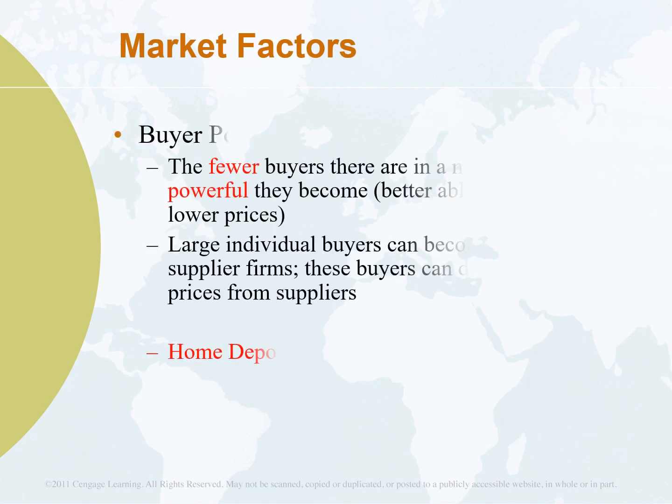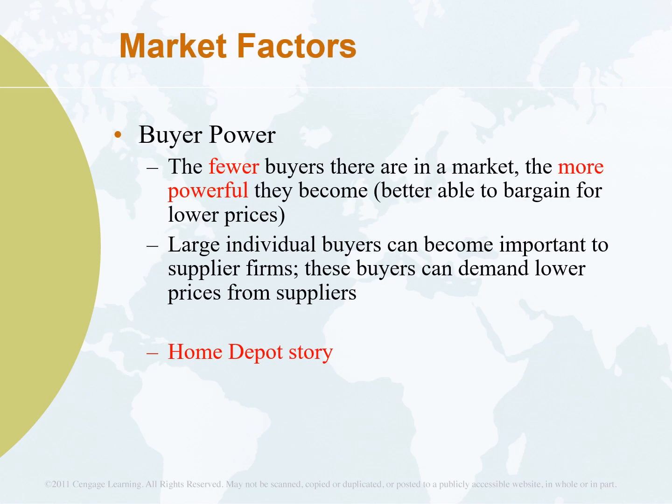Okay? Market factors, the buying power. The fewer buyers there are in the market, the more powerful they become, because they are better able to bargain for low prices. Large individual buyers can become important to supplier firms. These buyers can demand lower prices from suppliers.